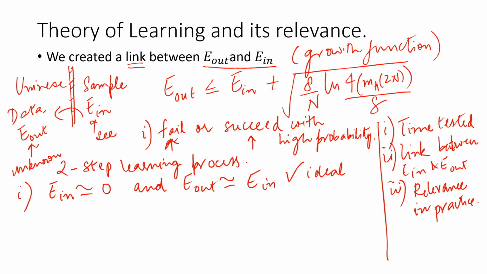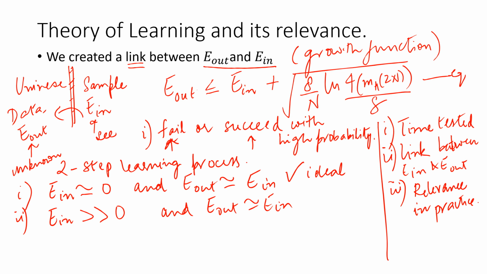Now, the other thing that could happen is that my E in is not almost zero. It's really big. And my E out is almost equal to E in, through this equation here, I'm able to establish that.